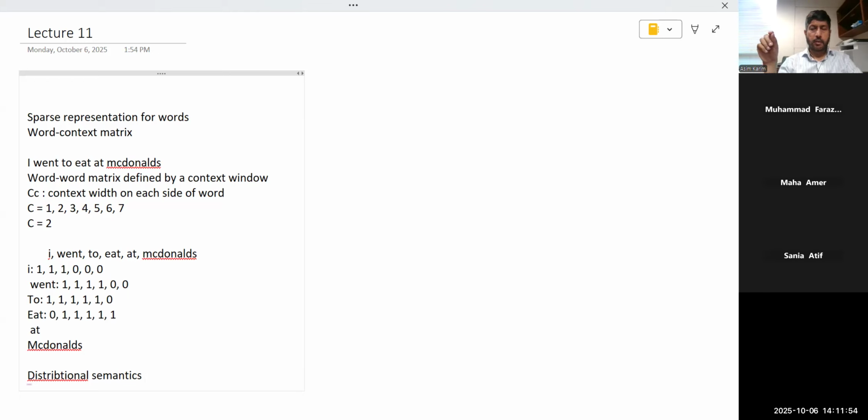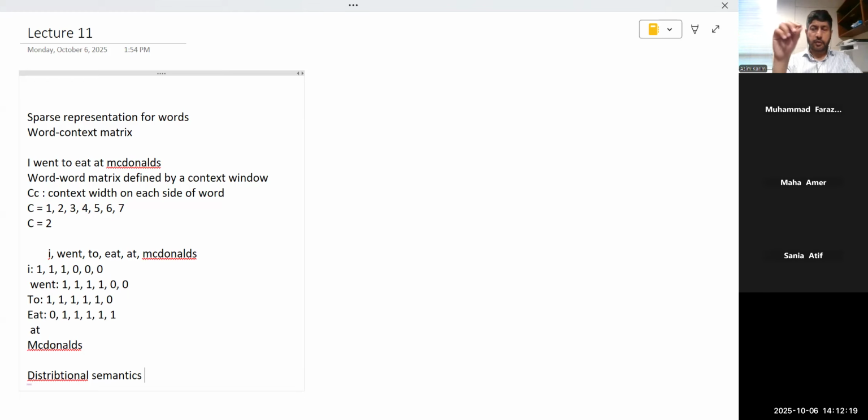So each word now, a row vector, is a representation for that particular word, and the number of features would be the columns, which would also be equal to the total number of words in the vocabulary, and the values would represent how that word is represented in that feature space.